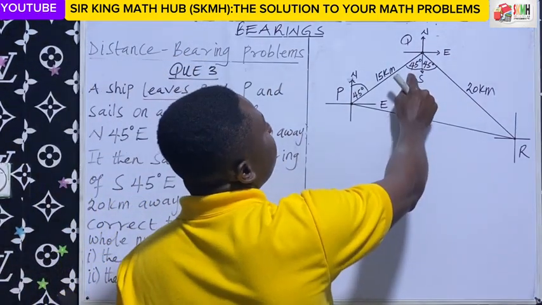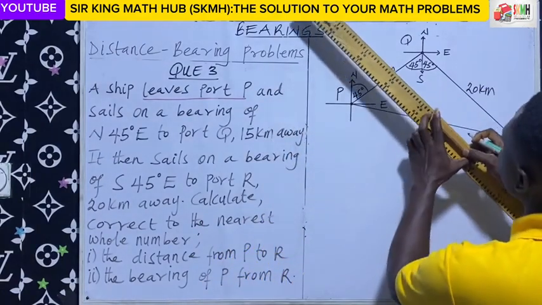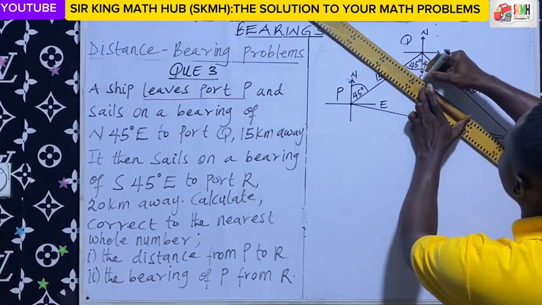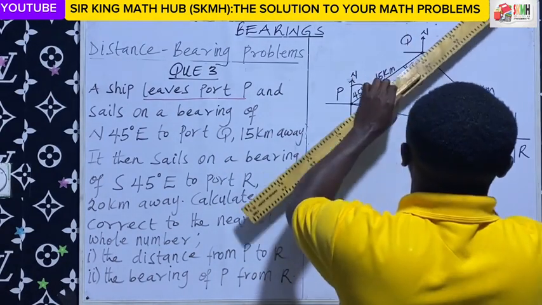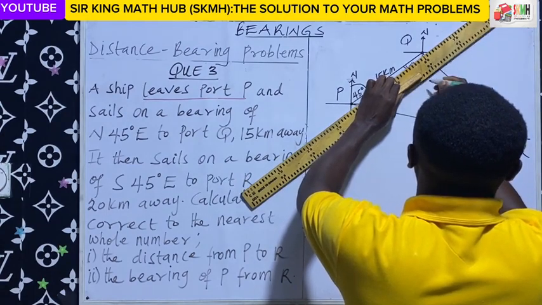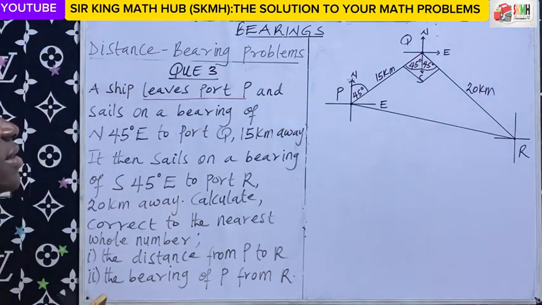And what is 45 degrees plus 45 degrees? 90 degrees. So we now have our 90 degrees angle.